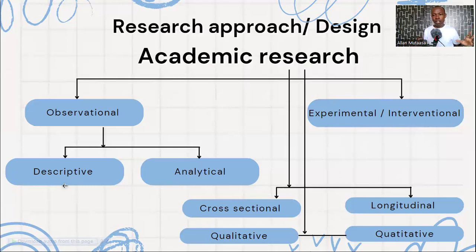If we are going to be describing the distribution of variables, then we are not going to say that our topic is employee motivation and the impact of employee motivation on performance. We could have a topic like factors affecting performance of employees, such that we are going to be describing all the different factors.